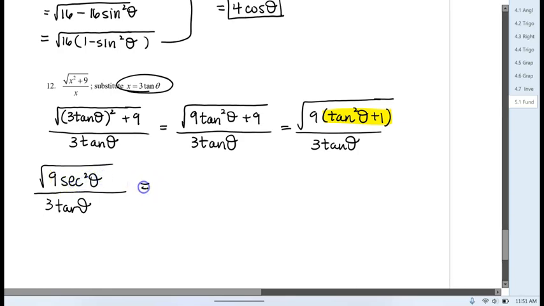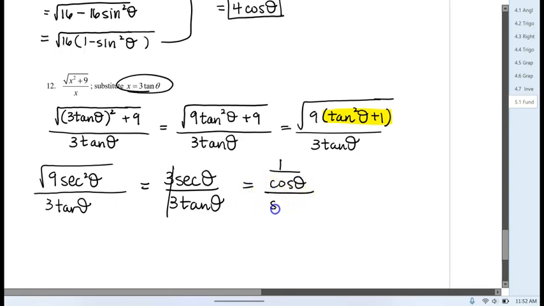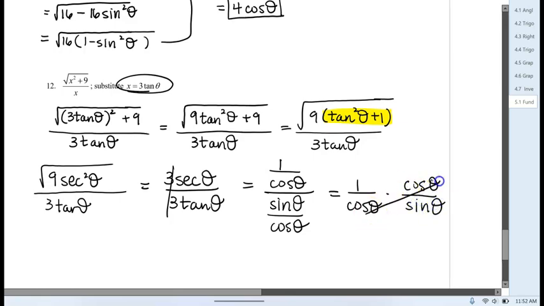And now we can actually apply the square root and be left with 3 secant theta over 3 tan theta. The 3's cancel. I'll rewrite secant as 1 over cosine, and I'll rewrite tangent as sine over cosine. And then we'll keep change flip to see that our cosines cancel out, and we're left with 1 over sine theta, which is the same thing as cosecant theta.